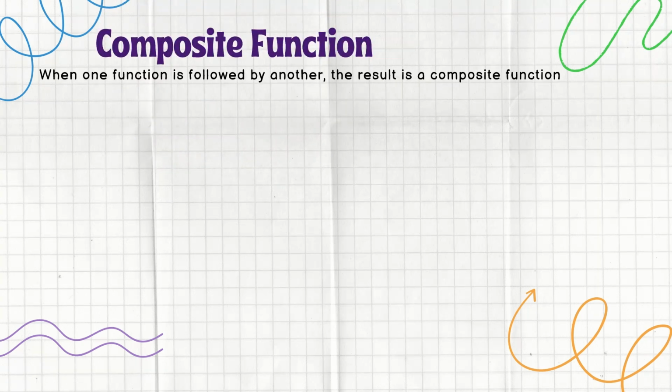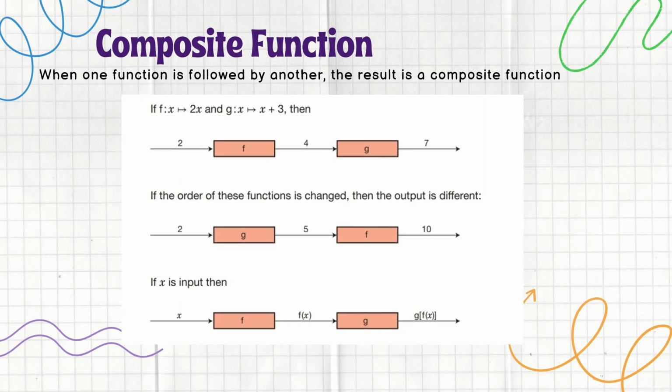So when one function is followed by another, the result is a composite function. Okay, look at the graph. If f(x) equals 2x and g(x) equals x plus 3, then when we put 2 into f, we've got 4 because 2 times 2 is 4.